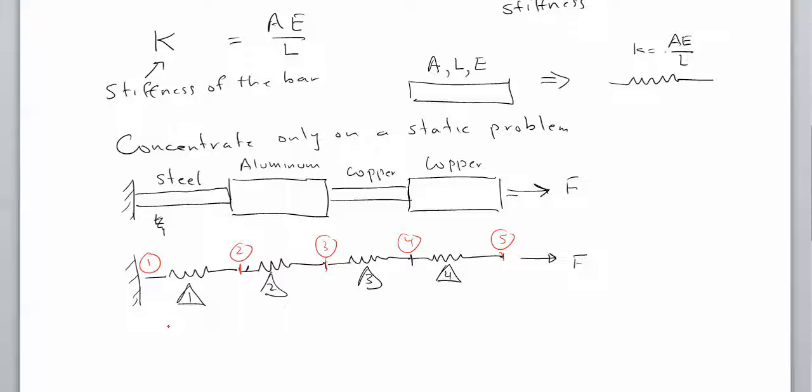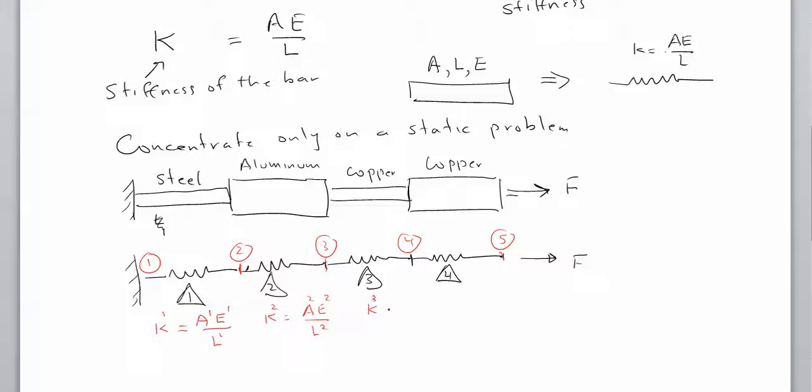So for example, the stiffness of this, I'll call it K1, is equal to its area times its Young's modulus divided by its length. For the second spring element, K2 is going to be A2 E2 over L2.